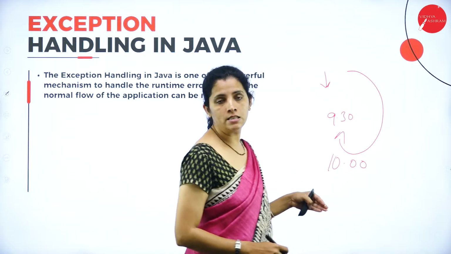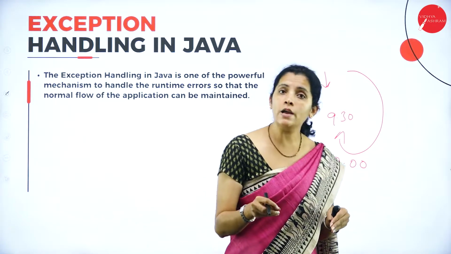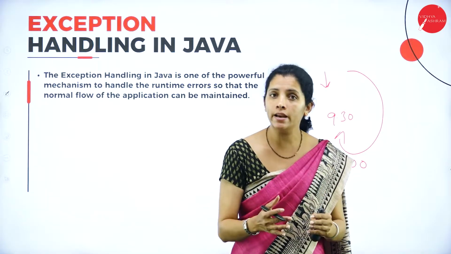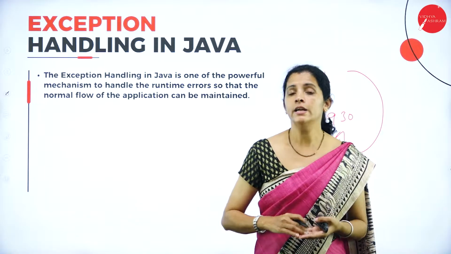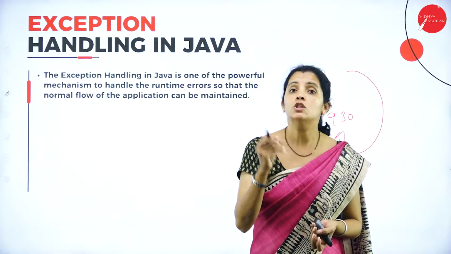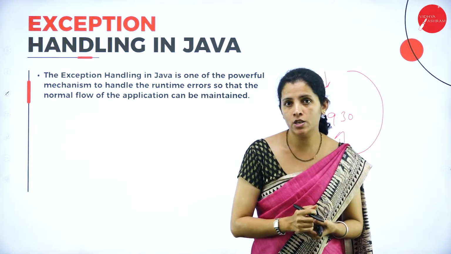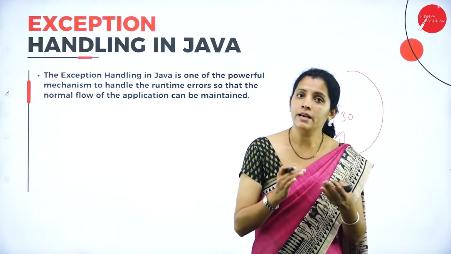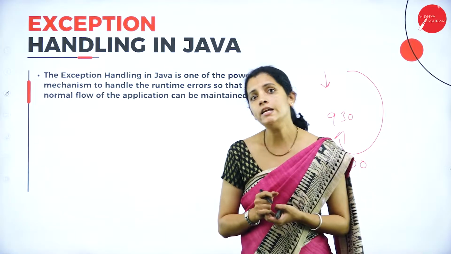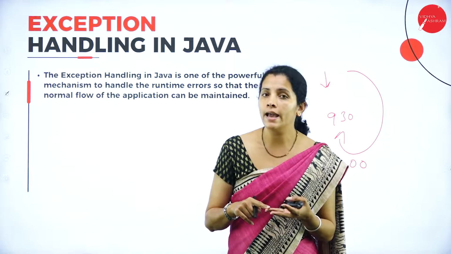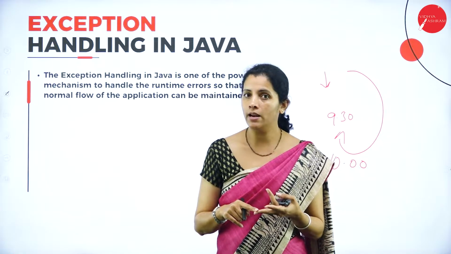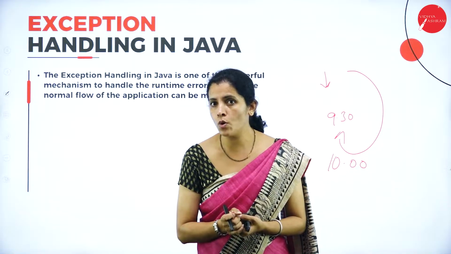Similarly, if I consider programming language, we are going to have the error. And if error occurs, what's going to happen? It's going to change the normal flow of the execution. Now, if I consider errors, there are 3 types of errors: syntax, then logical error, then runtime error. Syntax error in the sense what?